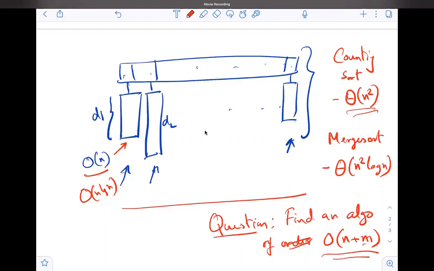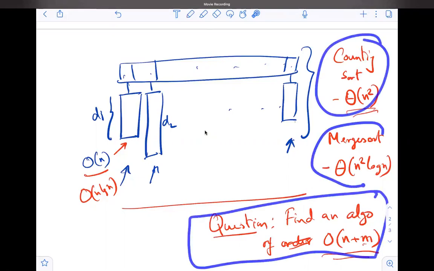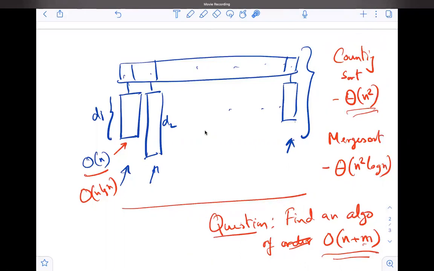So this was the question that was asked. If you thought about counting sort, you have improved on merge sort, but it still does not come to the complete optimal. Is it fine? Okay, good.